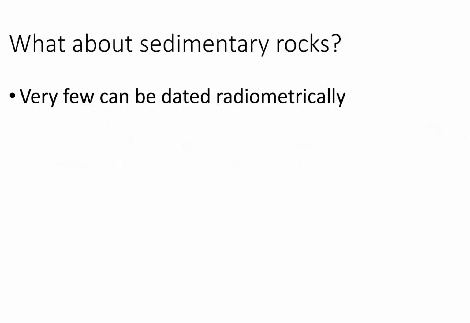Well, that leaves us with the sedimentary rocks, and the sad story here is that very few sedimentary rocks can be dated radiometrically, and that's why we still use relative dating techniques a lot to understand something about the age of sedimentary rocks. Now, what's the deal or problem with the sedimentary rocks?